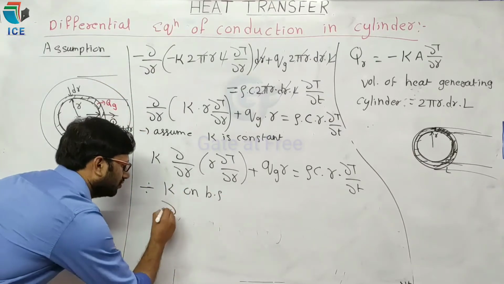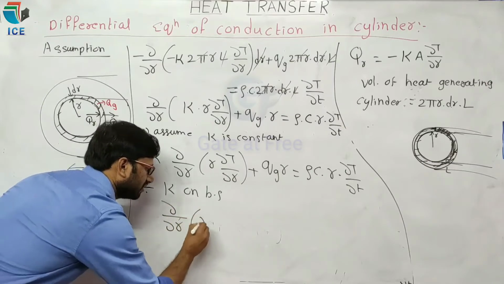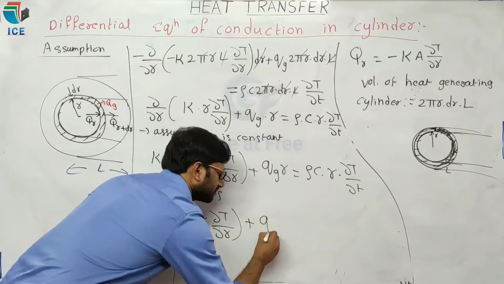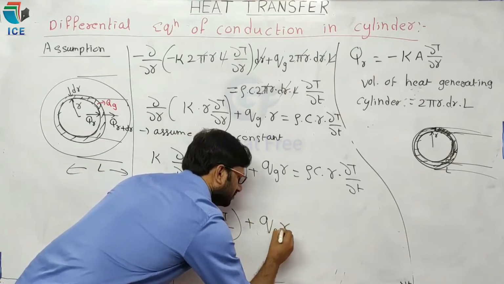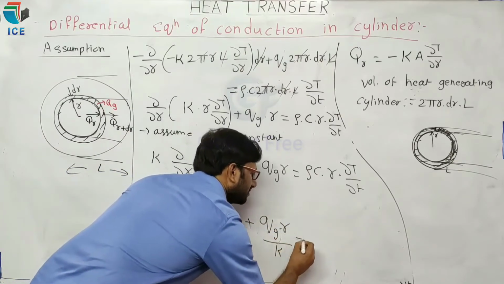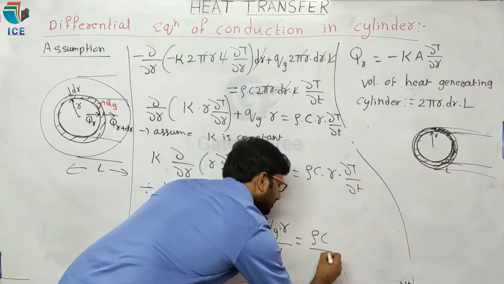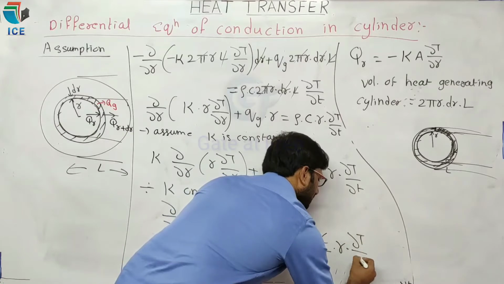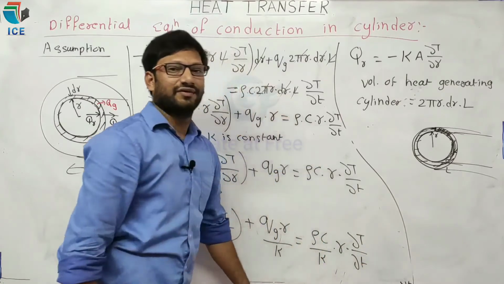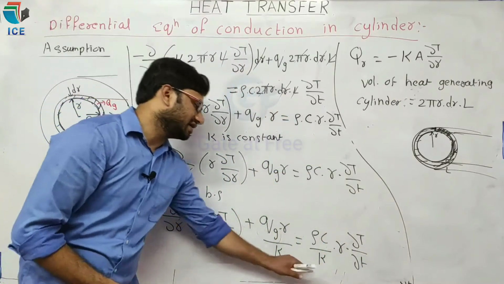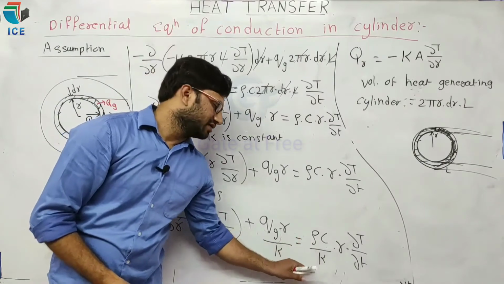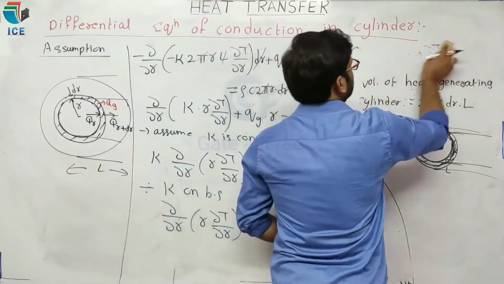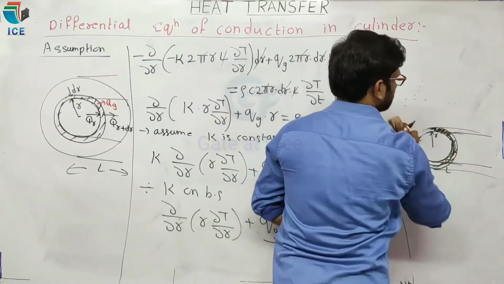What happened? Now dou by dou r of r dou T by dou r plus Qg r by K is equal to rho C divided by K into r dou T by dou t. We know that the thermal diffusivity is K by rho Cp, so this can be written as 1 by alpha.